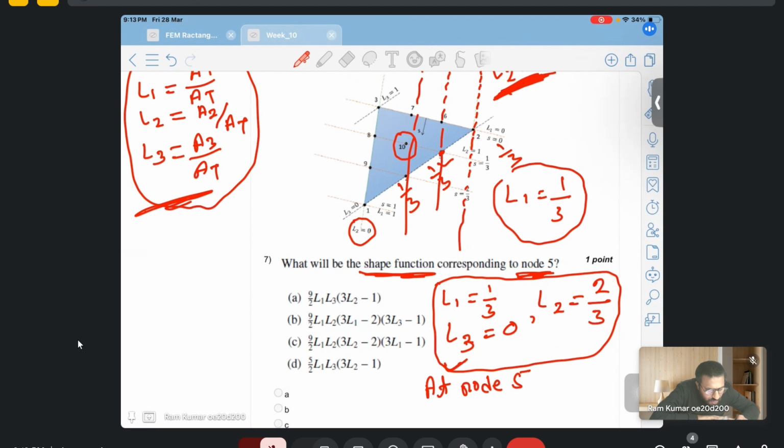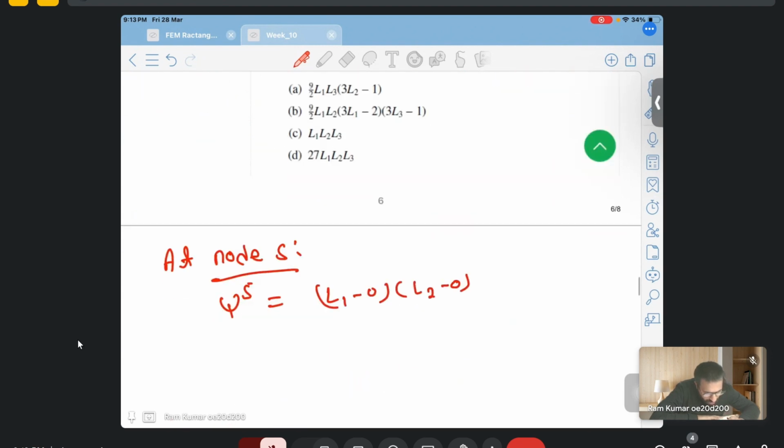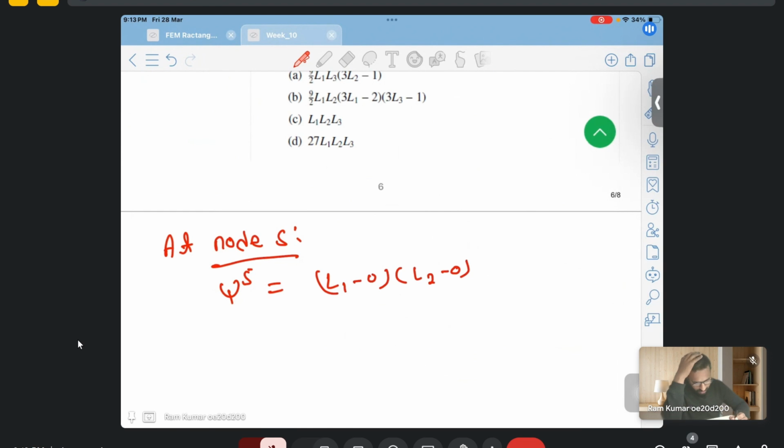It should be L1, L1 minus 1 by 3, L1 minus 2 by 3, then L3 minus 1 by 3.